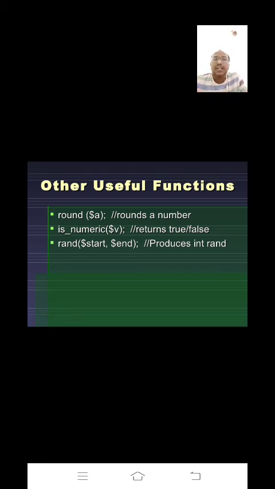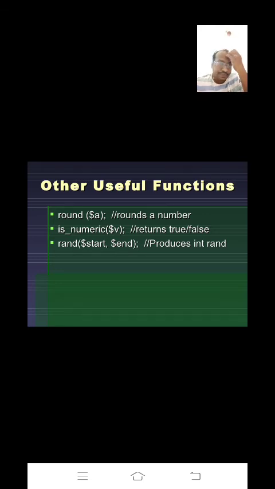The round function can be used to round the number. Suppose $a is 6.8, then when you pass it to round, you get the output 7. If $a is 6.1, it rounds the value to 6 only. So the round method rounds the value, that's it.